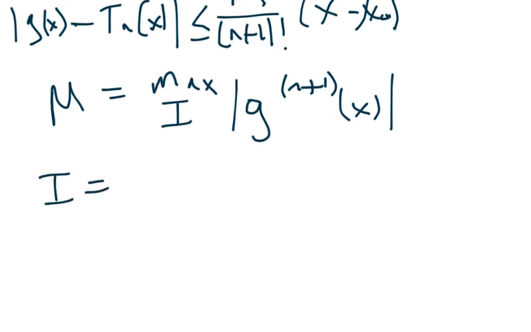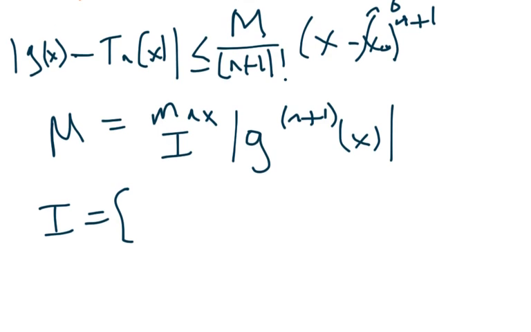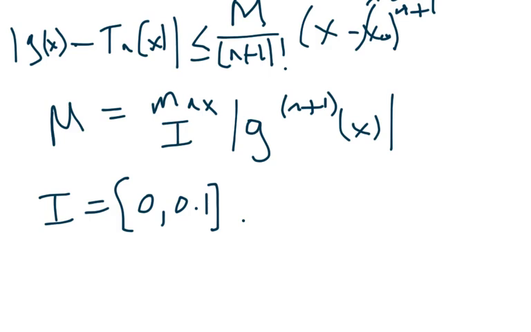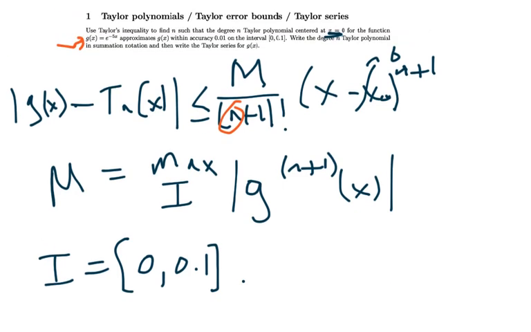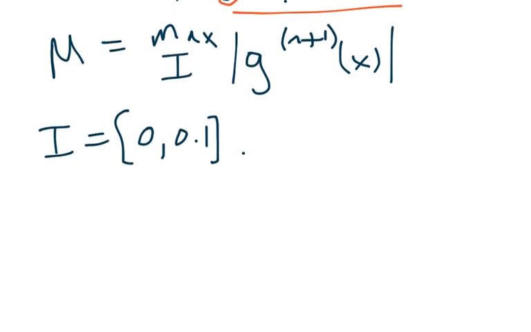Well, I is the interval given. I is the interval 0 to 0.1. Our goal here is going to be to find n. This right here is our bound. We're going to have to somehow compare it with our desired accuracy.